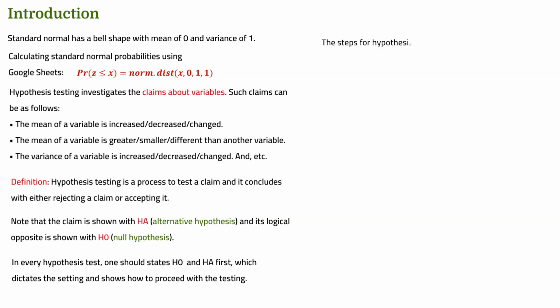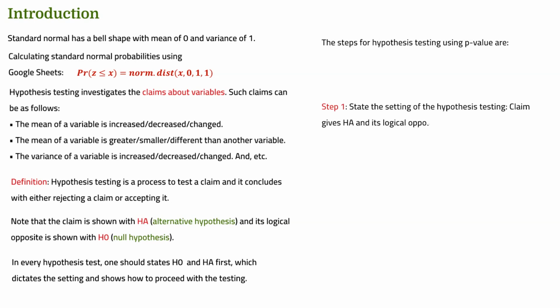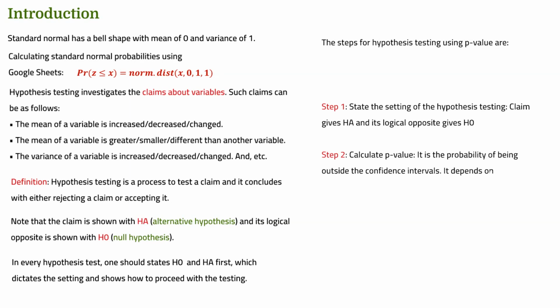The steps for hypothesis testing using p-value are: step 1, state the setting of the hypothesis testing. Claim gives HA and its logical opposite gives H0. Step 2, calculate p-value. It is the probability of being outside the confidence intervals.